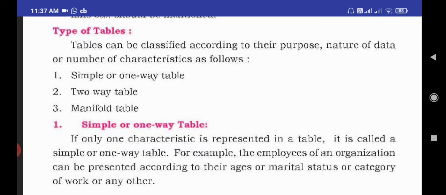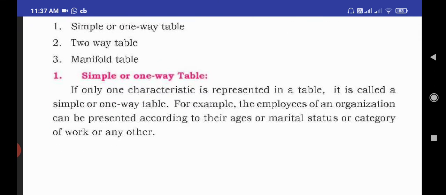Okay, students. First, we should know about the simple or one-way table. If only one characteristic is represented in a table, it is called a simple or one-way table. For example, the employees of an organization can be represented according to their ages or marital status or category of work or anything else.